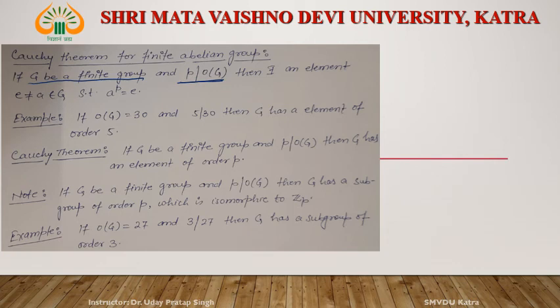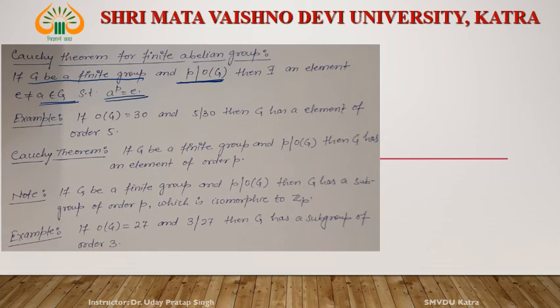Remember that P is always a prime number. If G is a finite group and P divides the order of G, then there exists at least one element A which is not identity, whose power P is identity. If G is a finite group and P divides the order of G, then there exists A belongs to G such that A to the power P is identity.